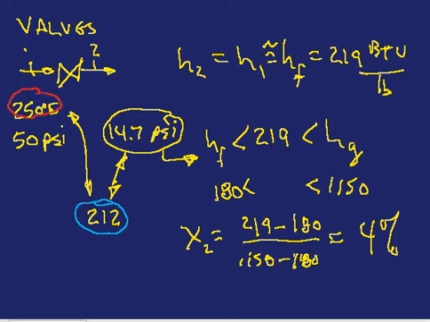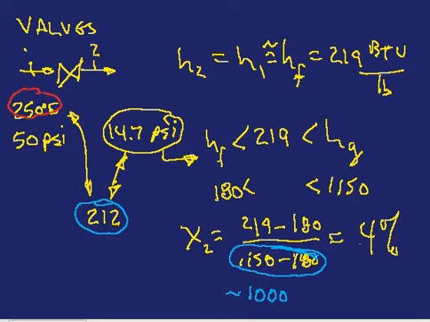Now notice that the energy to vaporize is a little under 1,000, 970, but approximately 1,000 BTUs per pound mass. That's Hg minus Hf to vaporize it.